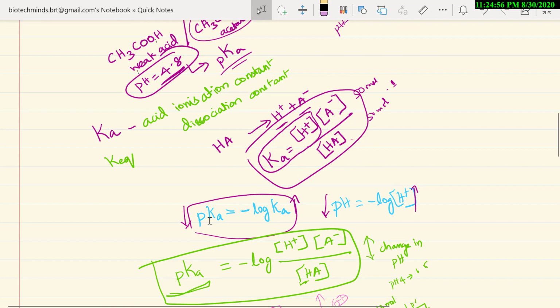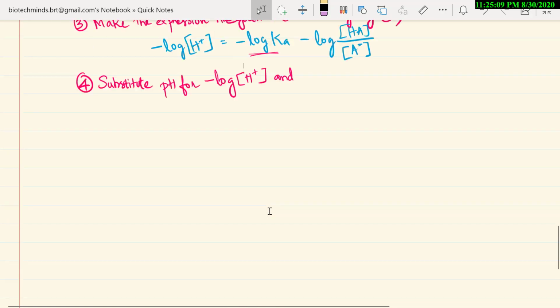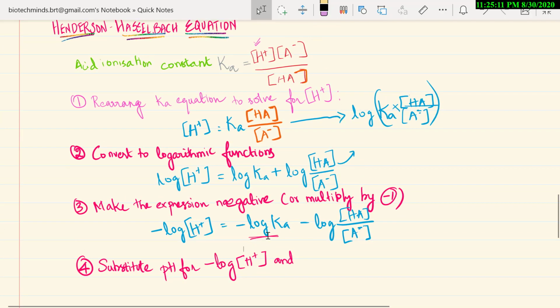See, I have written here pKa equal to, I told I have to convert this Ka in terms of power of Ka. If you convert this power of Ka by applying the same rule as in pH, minus log, we will obtain this minus log Ka. That same thing only we are seeing. When you convert this thing, you see here minus log Ka is coming. So instead of this minus log acid ionization constant, we are simply writing it as pKa.